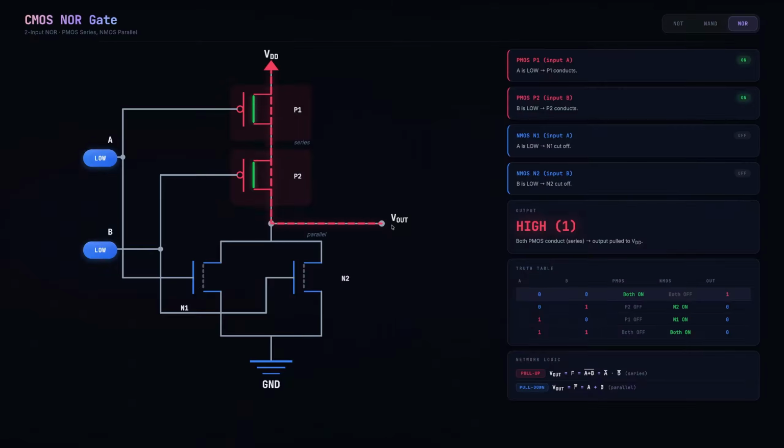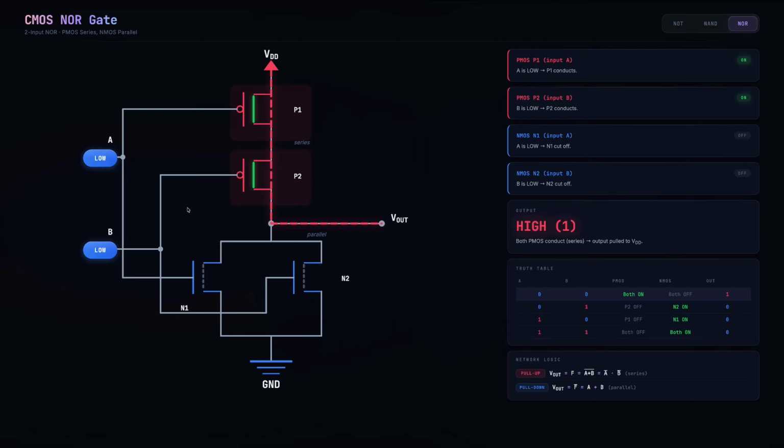So if I have A bar ANDed with B bar, both those true, you have a connection to V out. On the pull down side, you take the complement of F bar. So we have A or B with a bar over the top. When you take the complement, the bar goes away and you just have A or B. Well, A or B suggests parallel paths.